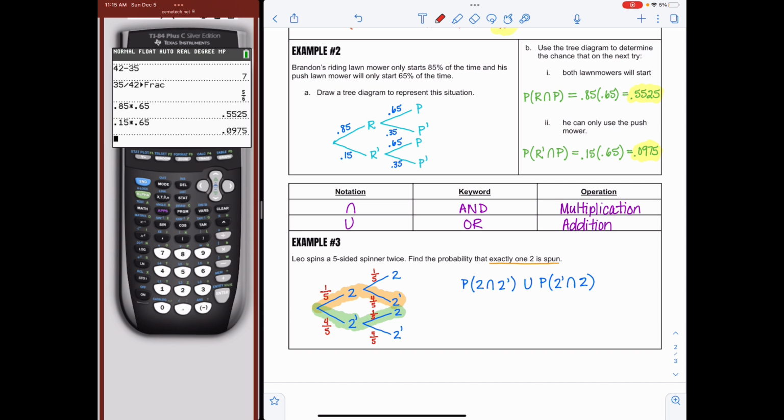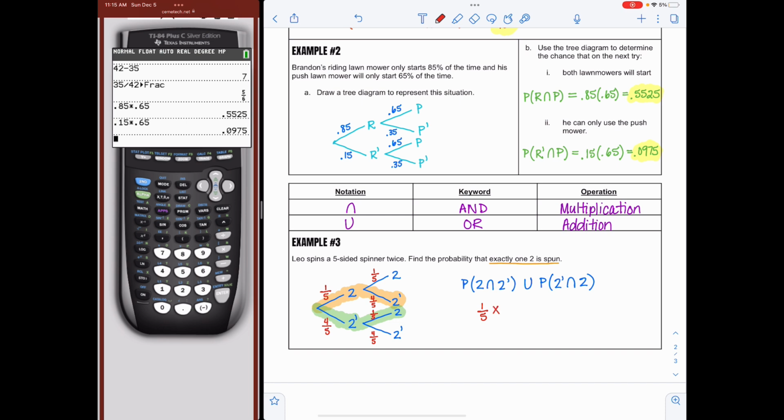So what I am trying to do here is I can put my probabilities. So the probability that I'm going to spin a 2 first and then not a 2 second is going to be the probability of 1/5. That's the probability of me spinning a 2 first.